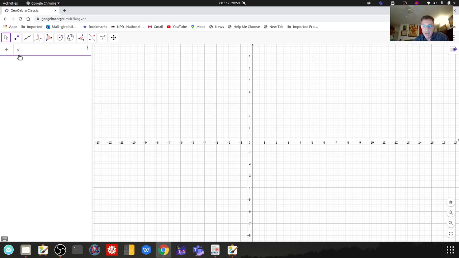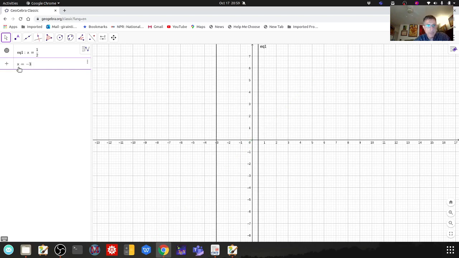X is equal to 1/2, that's going to be one vertical. And then our other was x is equal to -3, that's another vertical. And then we have a horizontal at y is equal to 0.